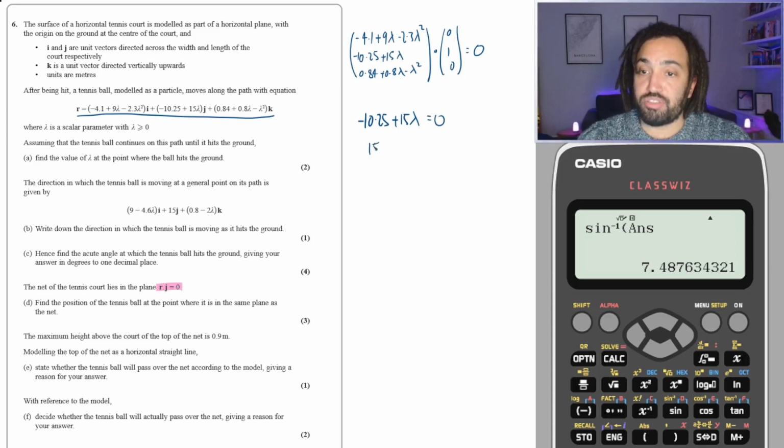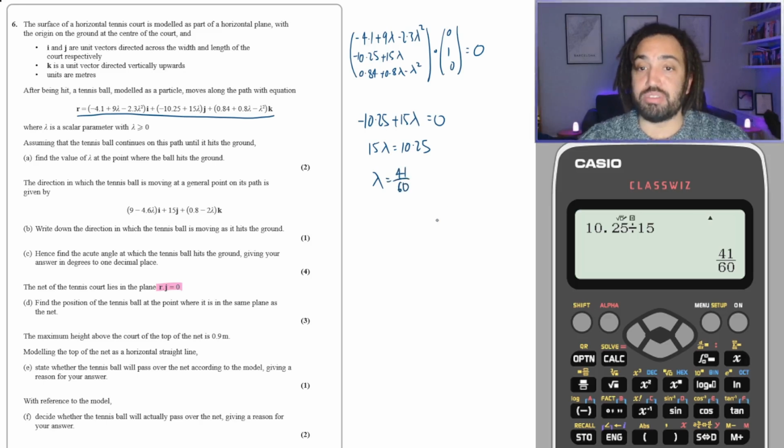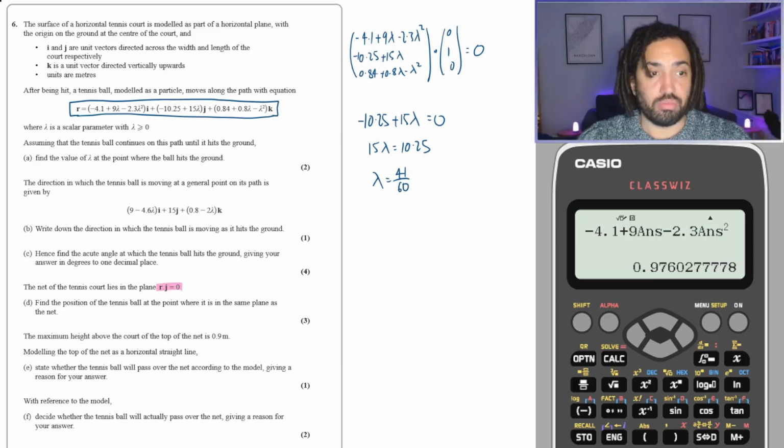So this tells me that 15 lambda is going to equal 10.25. So I need to do 10.25 divided by 15, and that gives me 41 over 60. So that's my lambda value, and now I need to substitute that back into the position formula in order to give me my position. Let's speed this up a little bit.